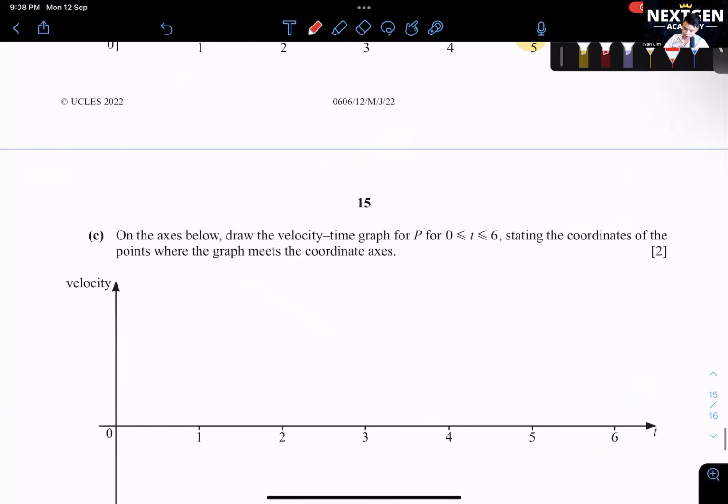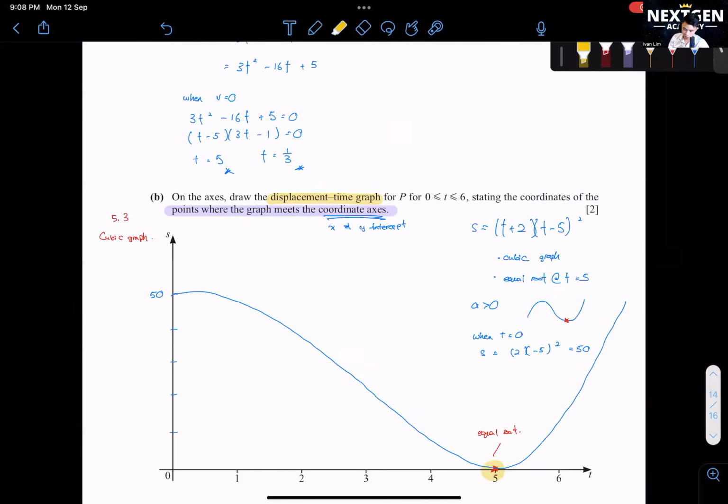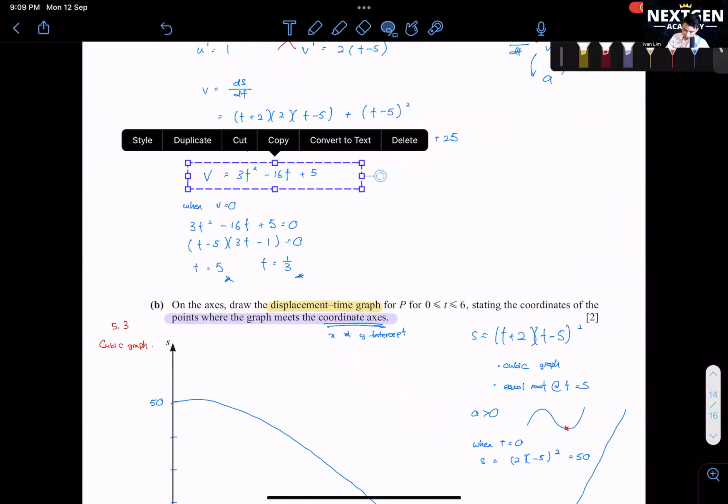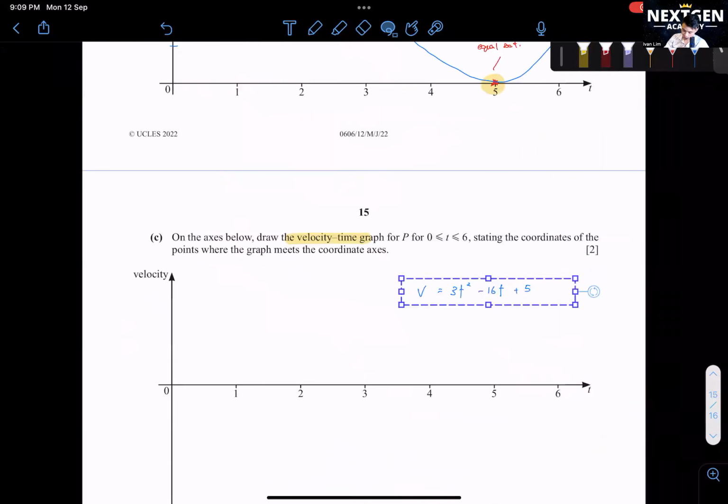They say on the axis below, draw the velocity time graph, stating the coordinates of the point where the graph meets the coordinate axis. So we need to see what we calculated in the previous question. Just now we found that v equals 3t squared minus 6t plus 5.